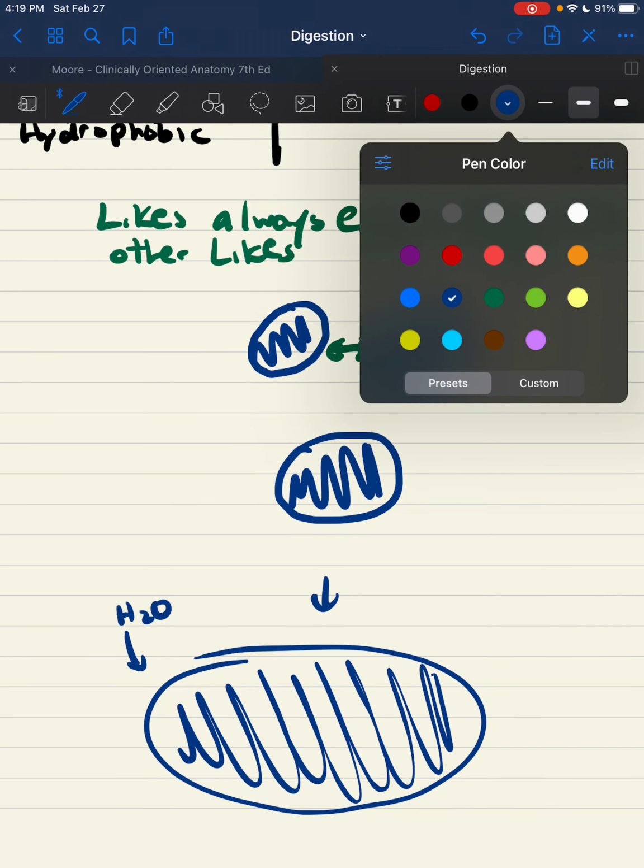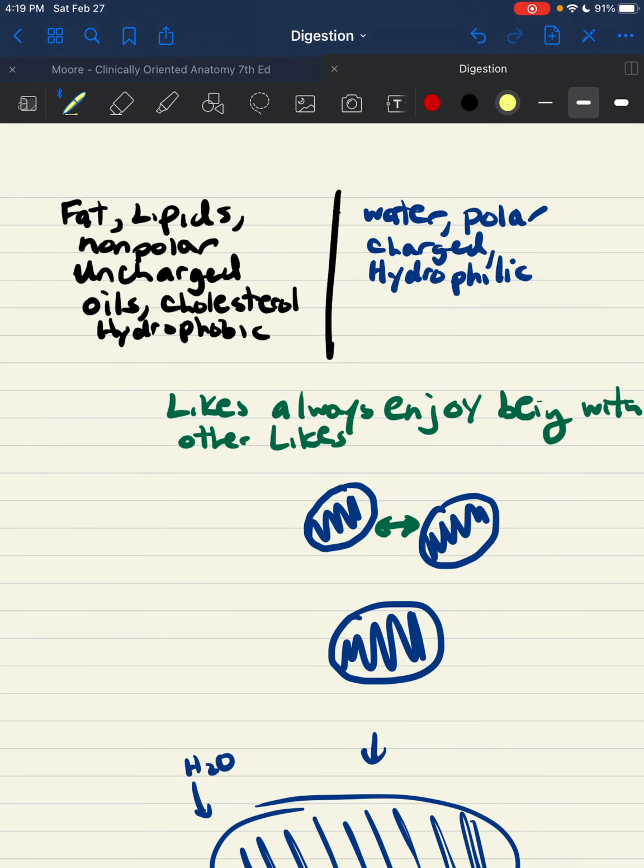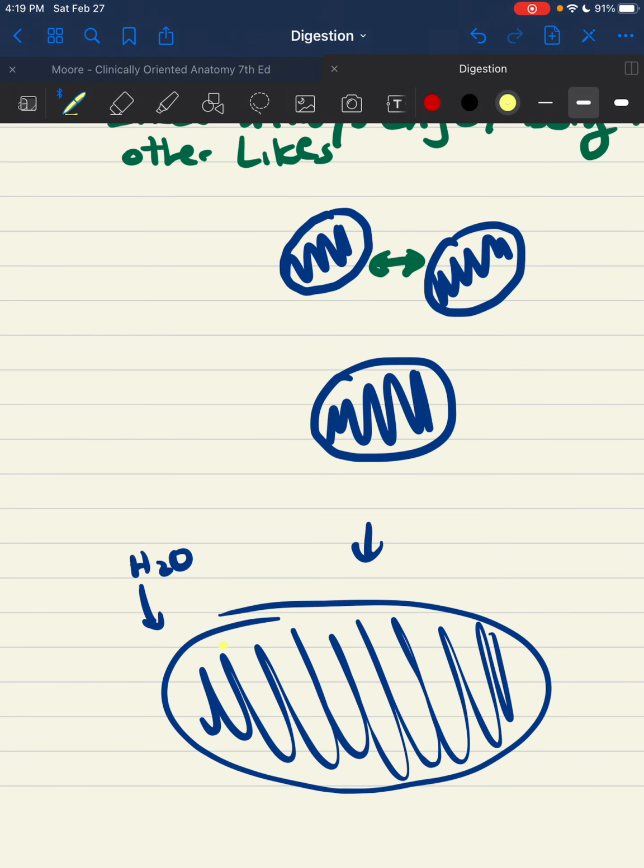If I were to put a drop, let's use yellow for lipids, a drop of fat right over here, and another drop of fat right over here, notice these two droplets of fat will not congregate with the water. It'll try to be as far away from the water as possible. But if these two bump into each other by chance, they will clump together.